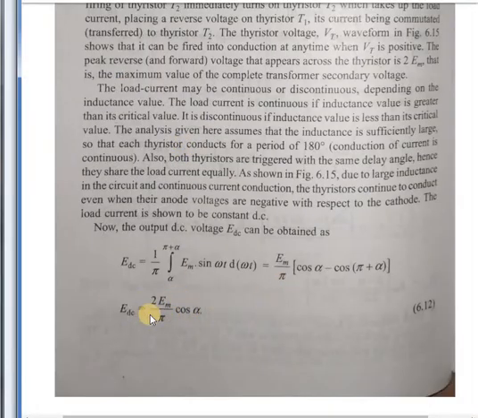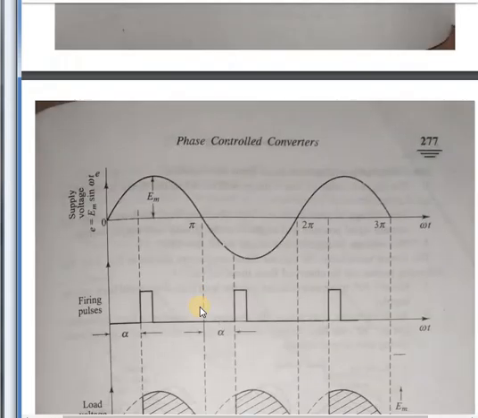Yes, so your load voltage is obtained by this, and your load current will be obtained by dividing it by R, L, and E value.